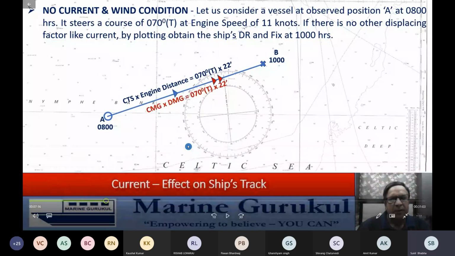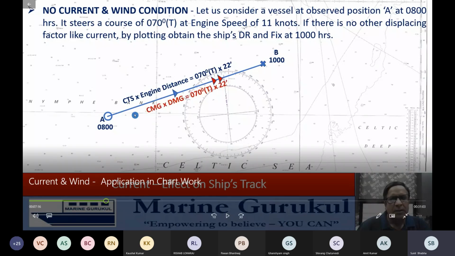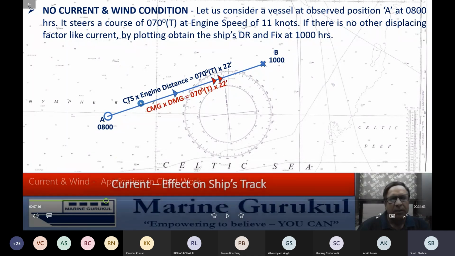Okay, so you see beta, in this case, we had a very simple condition. There was no current in the area and there was no wind in the area. The vessel started from point A, steered a particular course with a particular speed and reached point B. So this AB is our CTS vector, that is the course to steer vector.